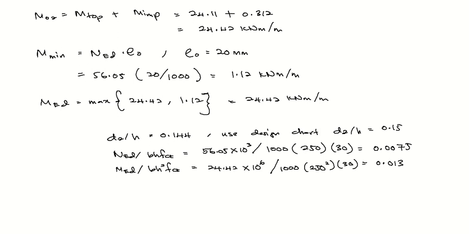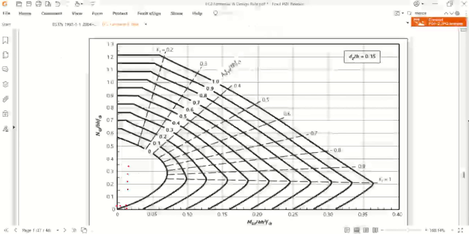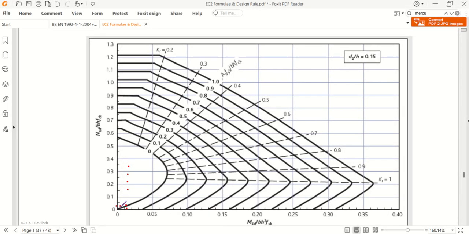Once we have 0.013 and 0.0075, we can look at the design chart. 0.0075 is somewhere here, and 0.013 somewhere here. So it falls around 0.02.